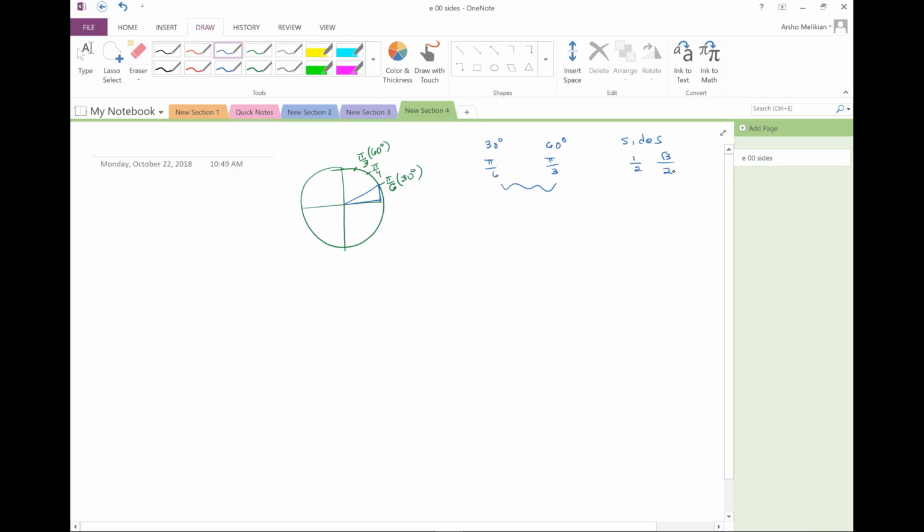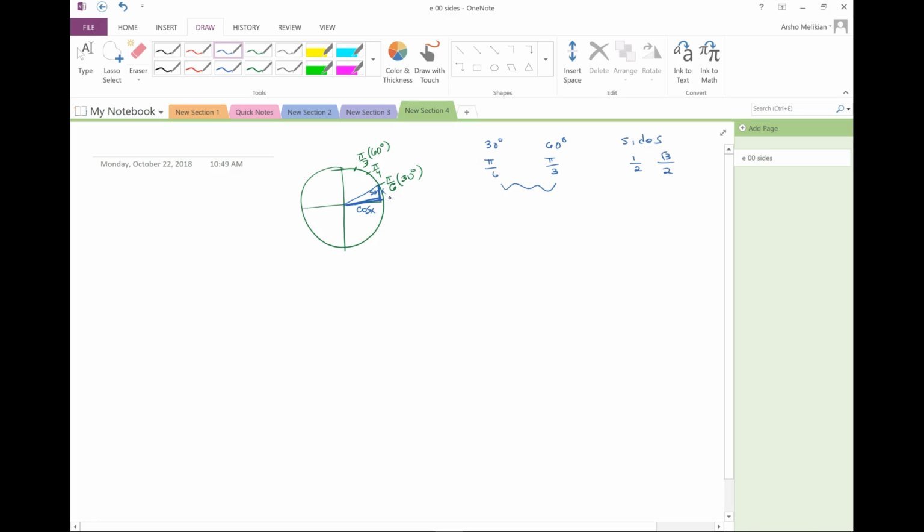Also, when we're considering the sine and the cosine, when you have a triangle set up this way, between the vertical and the horizontal, which one was the sine and which one was the cosine? Cosine of x is the horizontal, and sine of x is the vertical.